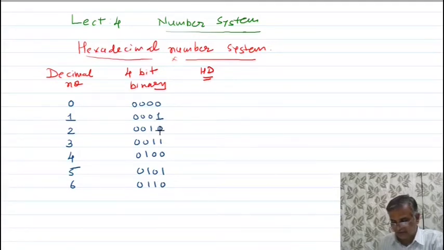As you add one, it becomes 0 and carries 1. We already did this in octal. 7 is nothing but 0111. For 8 we write 1000. For 9 we write 1001. For 10 we write 1010.